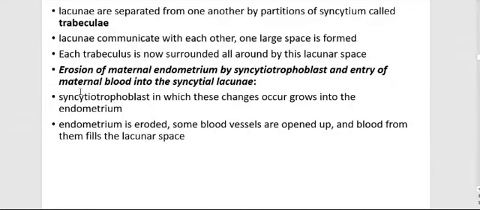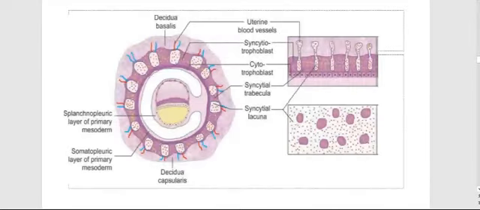I think this is just the same information I was explaining using that diagram. So next, what is going to happen now? The cytotrophoblast cells will start to proliferate and project into the trabeculae.